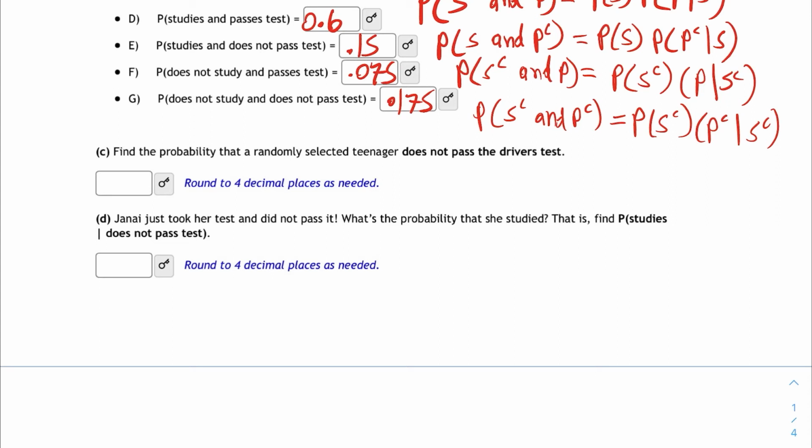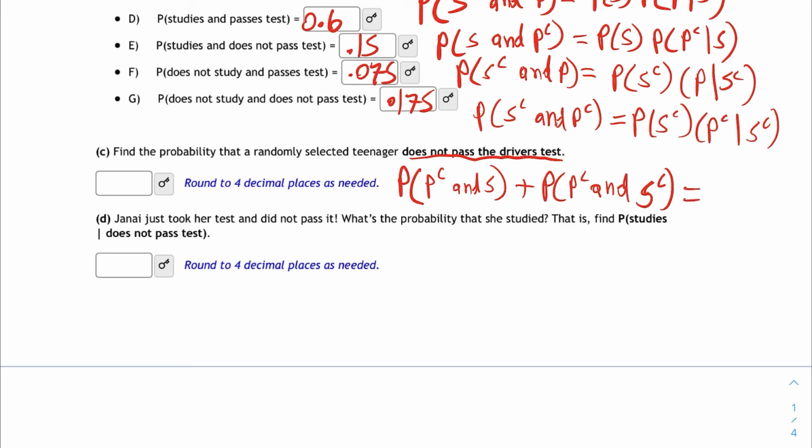We need to know that when we total all these probabilities, we're looking for the probability of not passing. We have the probability of not passing and studying. And we also have the probability of not passing and not studying. And if we add those two together, that is the total probability of not passing.